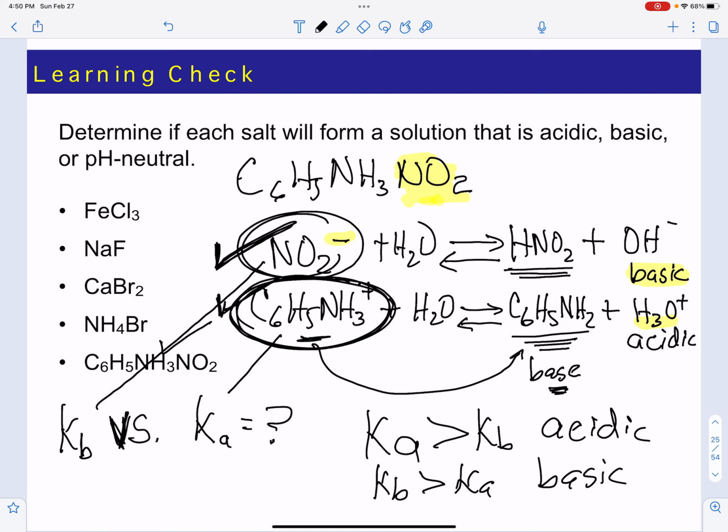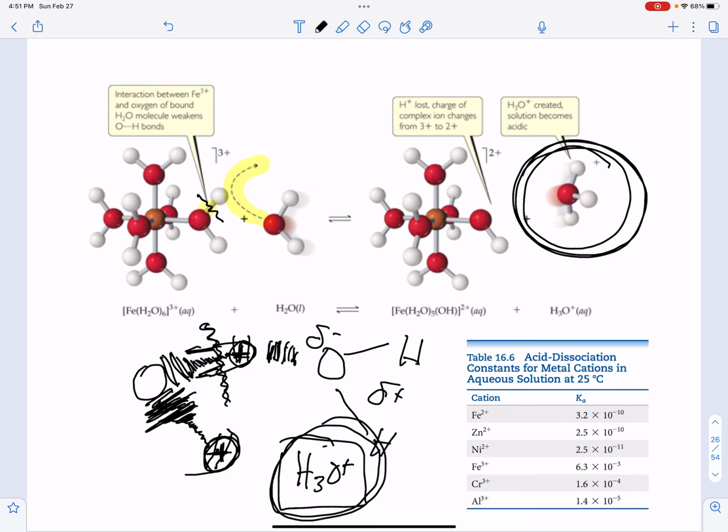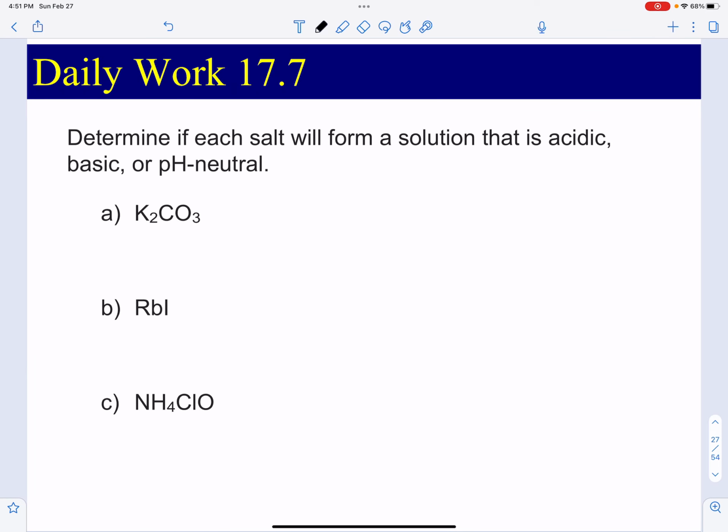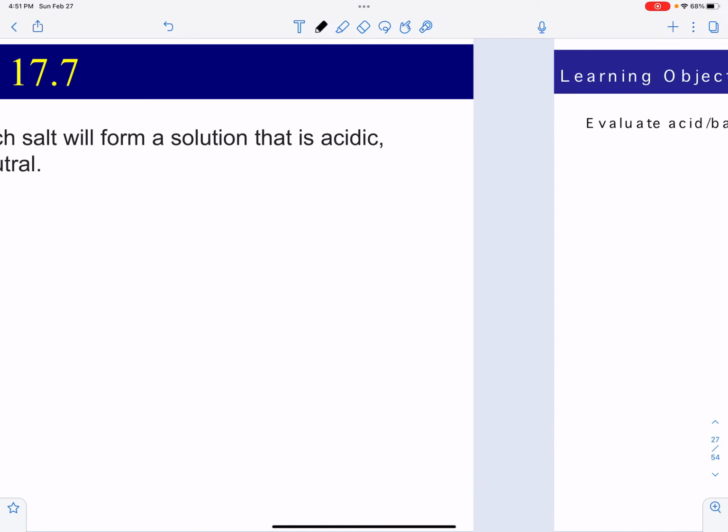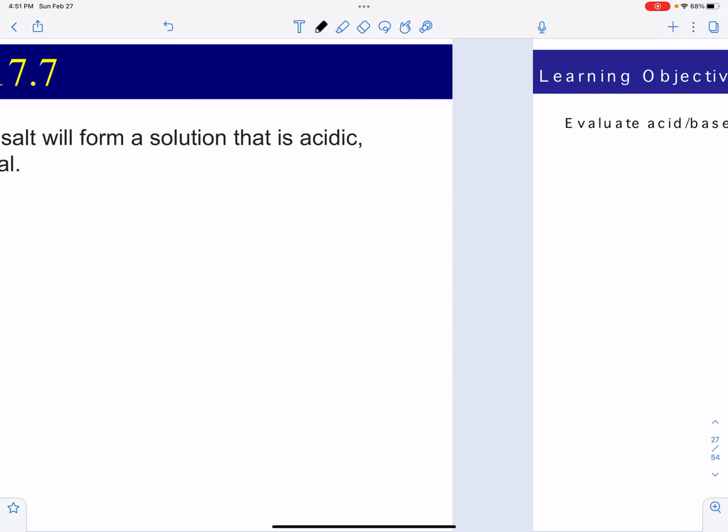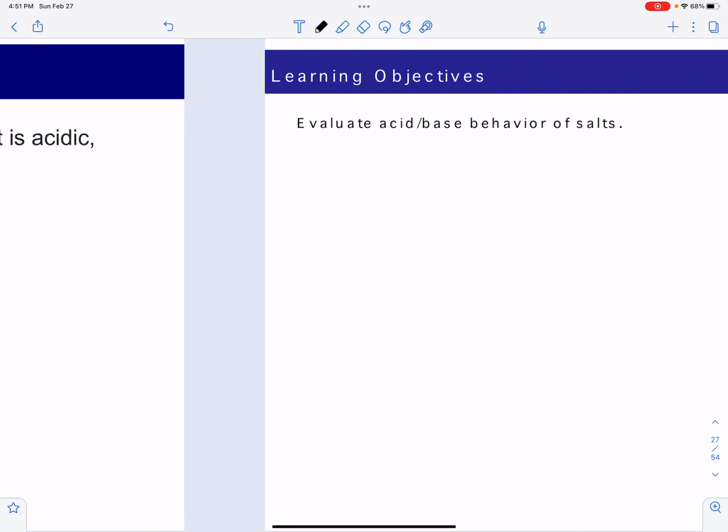If not, make sure you look at the tutorial videos posted on Canvas. So that's your daily work. And remember to look at the other two that I didn't do to get more familiar with them. And you're going to need the solubility table, right? And you're going to need to master your polyatomic ions also.